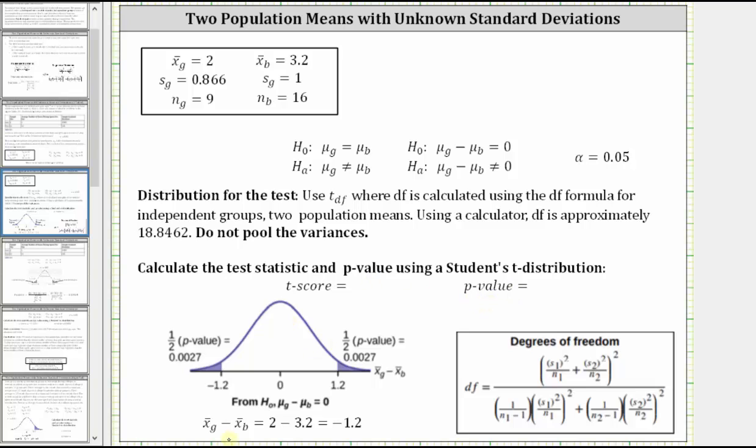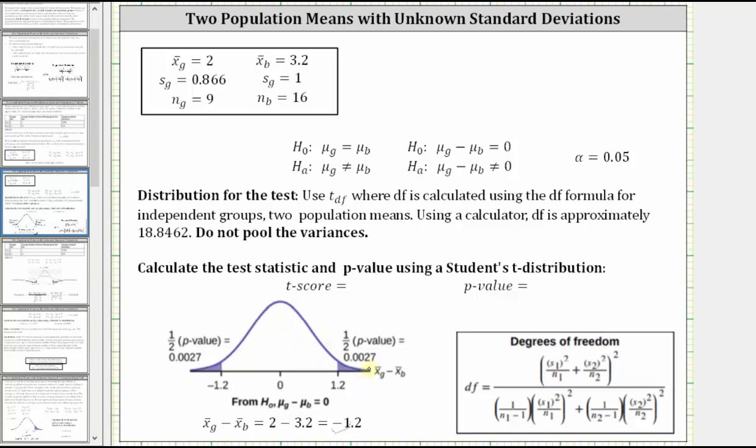graph here below. Notice x bar sub g minus x bar sub b is equal to 2 minus 3.2, which is negative 1.2. So if the population means are the same, the difference would be 0, which is at the center of the distribution. And then to the left we have negative 1.2, to the right we have positive 1.2. And therefore the p-value is equal to the combined area on the left and right.